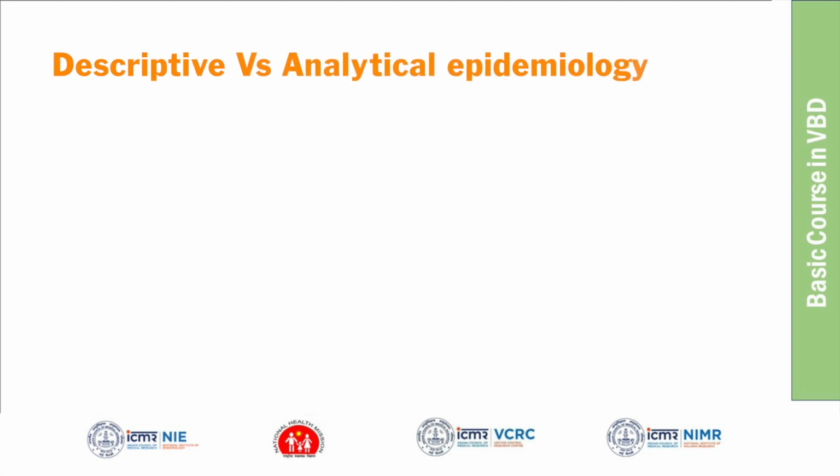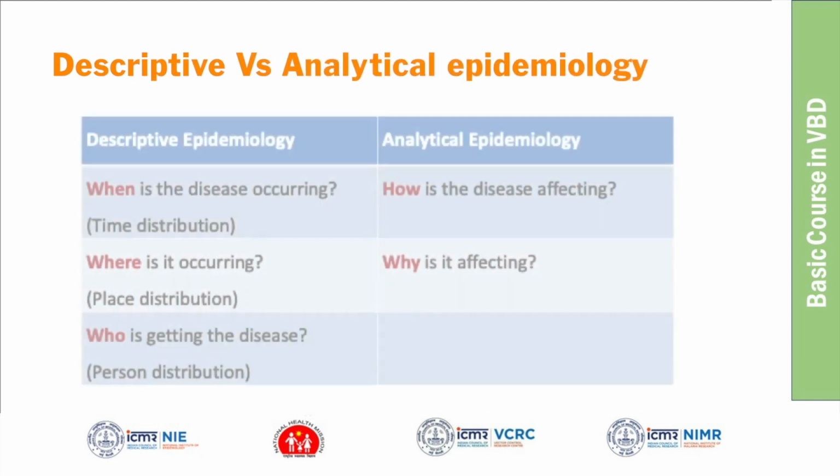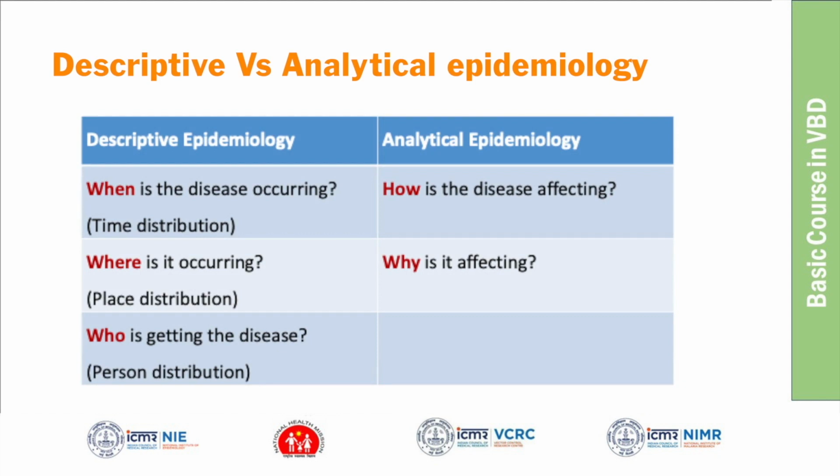So here there is another term, analytical epidemiology. I'm not going to deal with that in detail. You will have a separate lecture on study design, which would follow this lecture, taken by Dr. Jayashree. So here I'll be giving the basic difference between descriptive epidemiology and analytical epidemiology.